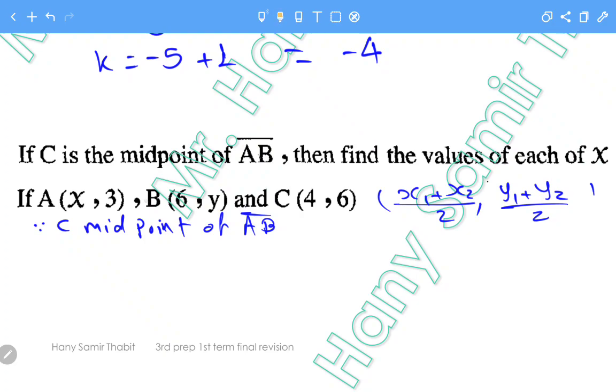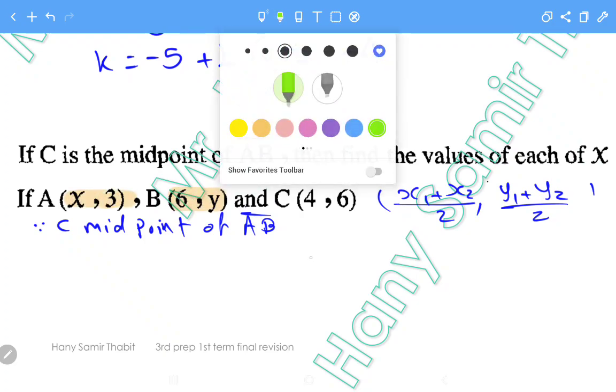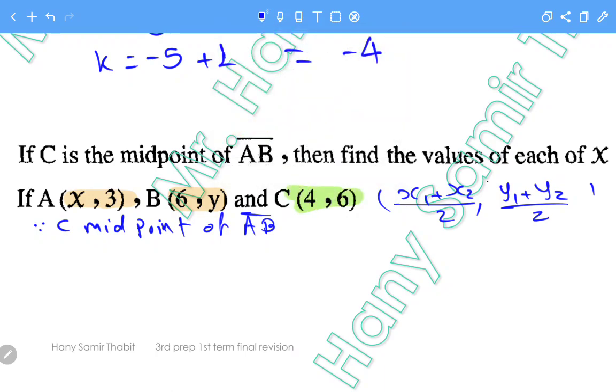This is AB, A and B, and C is the midpoint. Then 4 and 6 equals the midpoint, which is x plus 6 over 2 and 3 plus y over 2.